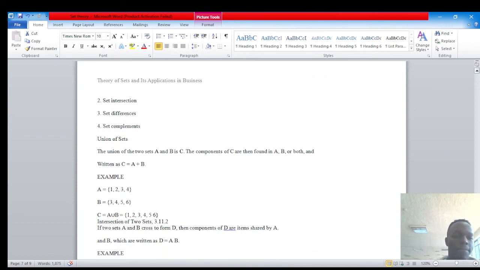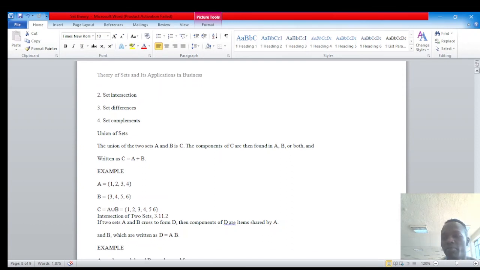mathematically. The union of two sets A and B is C. The components of C are those found in A, in B, or in both, written as C equals A union B. You can see the components of A are 1, 2, 3, 4, and the B elements are 3, 4, 5, 6.